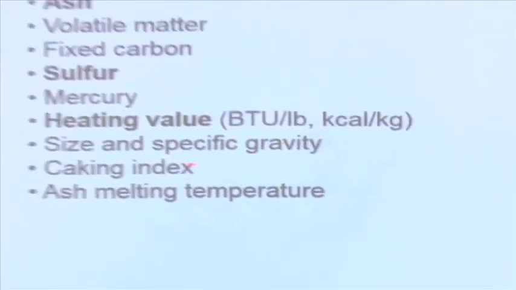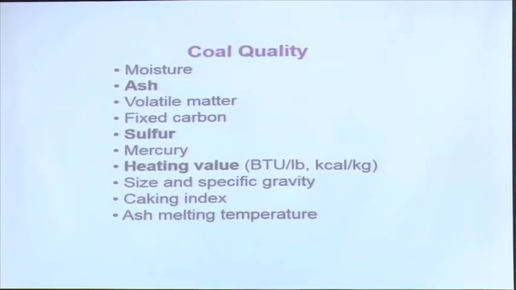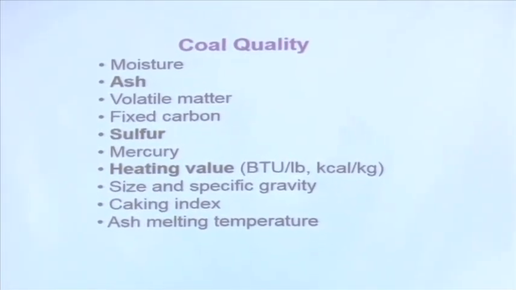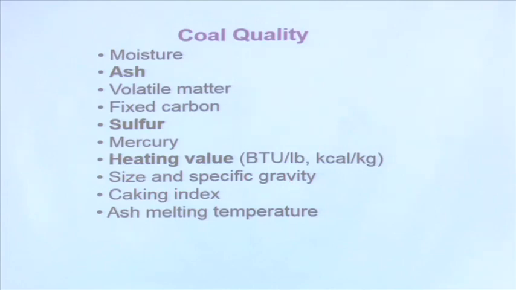Then from a washing point of view or a characteristic point of view, even for coal quality, like for transportation purposes, various clients will have different size limitations. That is, what is the size, what is the specific gravity distribution, because I am buying the coal from you as a miner, because I have a plan that I have got a captive steel plant, and there I can do coke making.